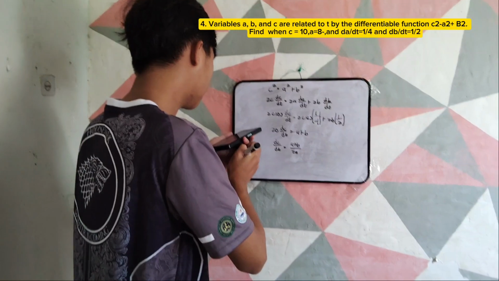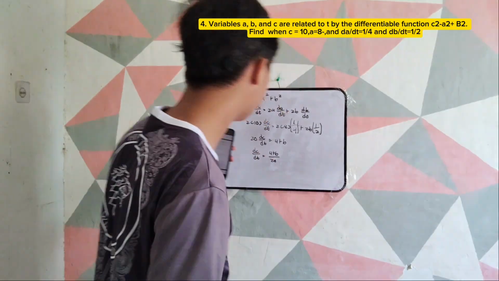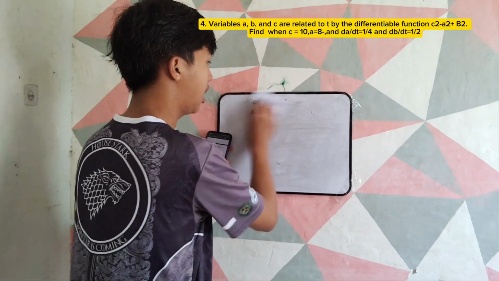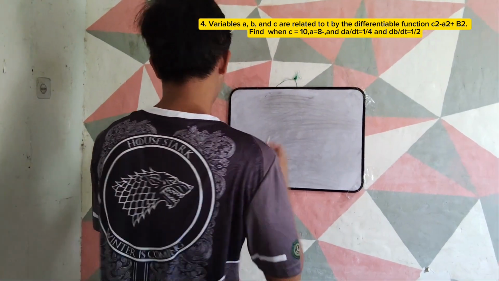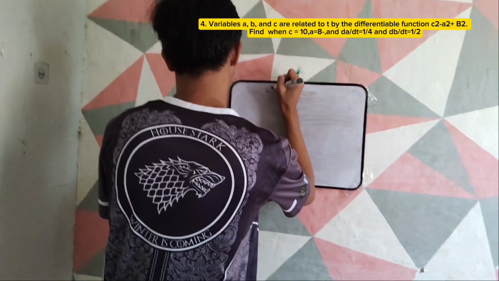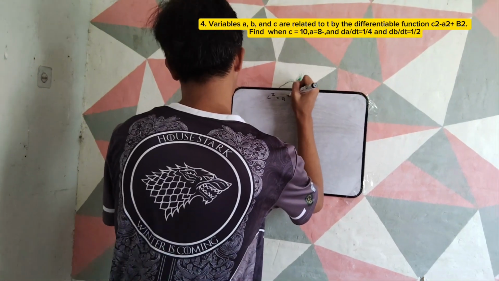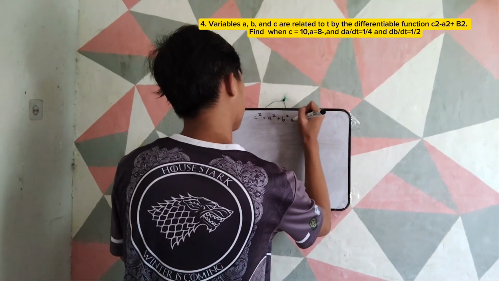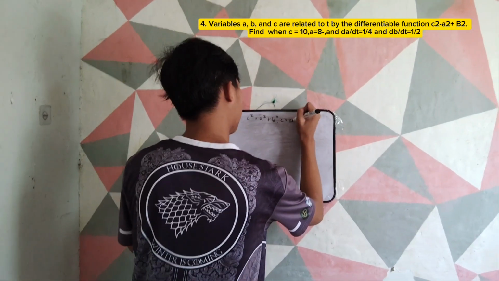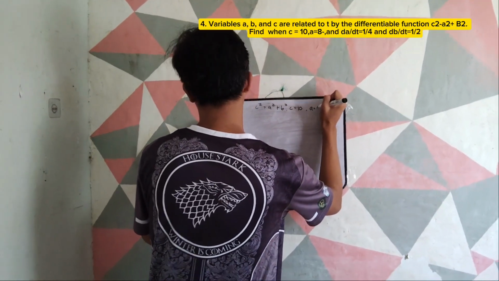So we look at the given function and the other values. c squared is equal to a squared plus b squared. Then the c given will be 10 and the a will be 8.